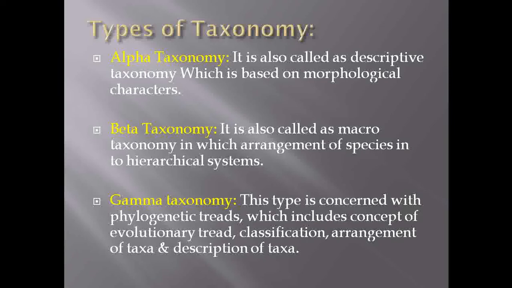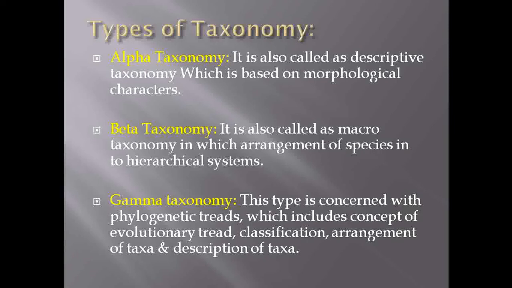Then the next type of taxonomy is called beta taxonomy. It is also called macro taxonomy. In this taxonomy, there is arrangement of plant species into a hierarchical system.